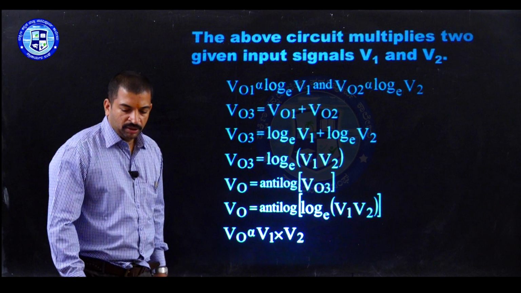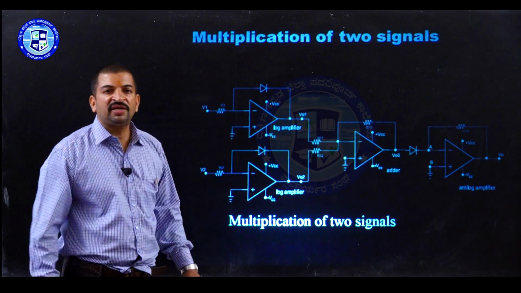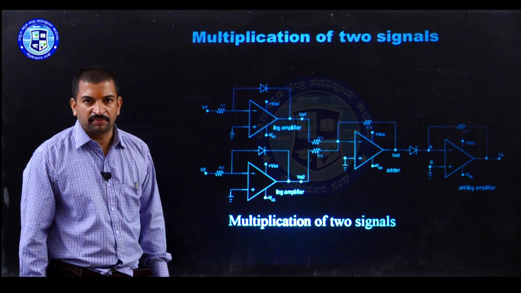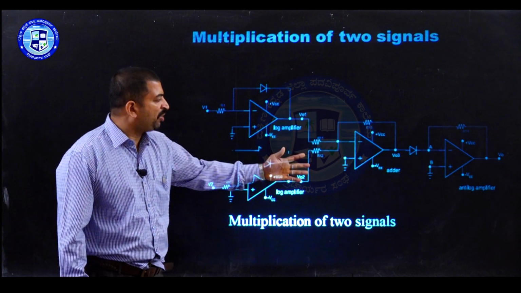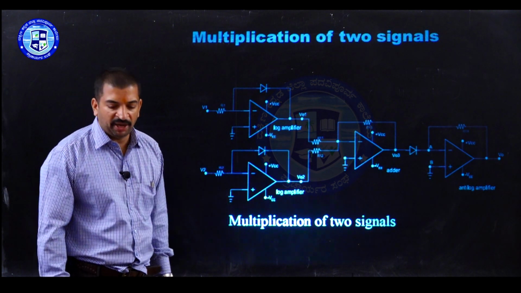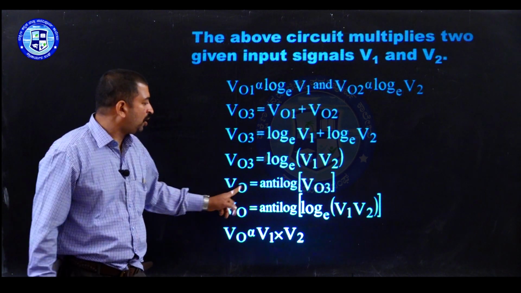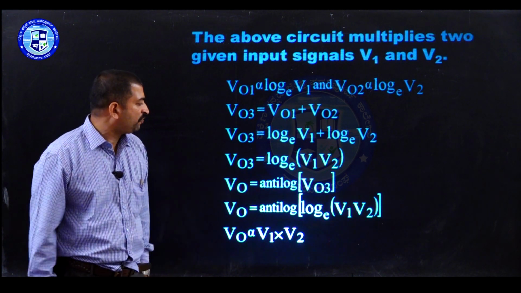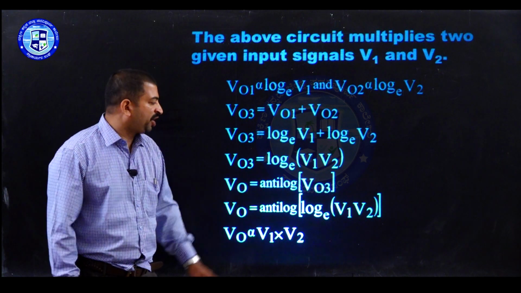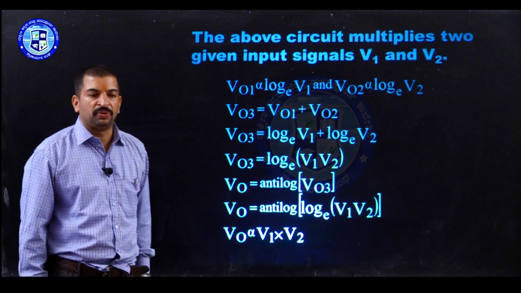Now look at the last circuit, and the last circuit is an anti-logarithmic amplifier. The output of the summing amplifier is connected to an anti-logarithmic amplifier. Therefore, the equation now becomes VO equal to anti-logarithm of VO3 or anti-logarithm of log to the base e V1 V2.